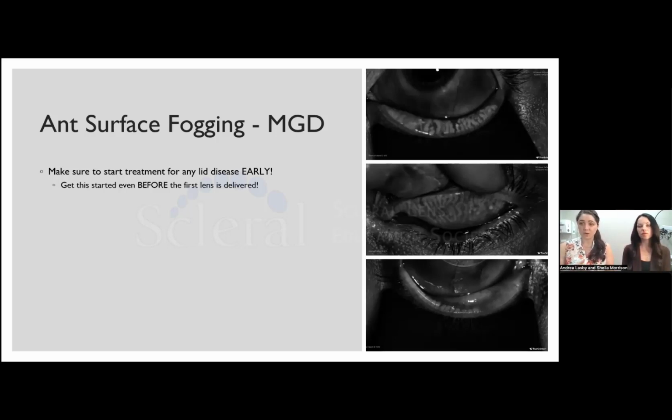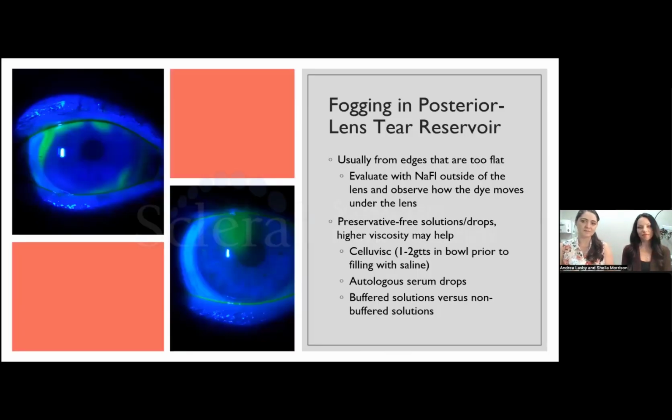Just tell them this is going to work so much better for you if you are invested in keeping your lids as hygiene friendly as possible. Get them on warm compresses, dry eye treatment if you can. You can certainly send them down the IPL and radio frequency train if you like, but whatever you do, make sure that you start that early on and not as a secondary thought, where they're blaming you and your fit instead of it actually being their dry eyes.